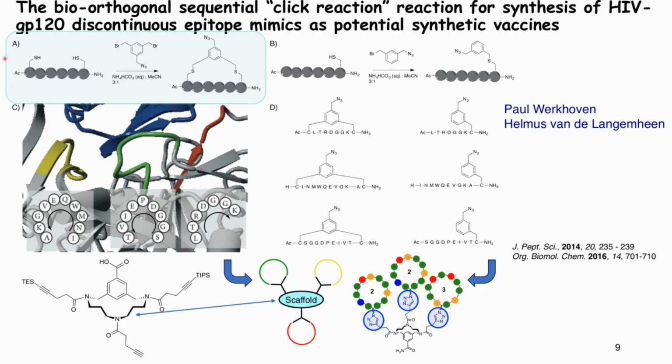So by making a cyclic peptide, carrying out an alkylation reaction, introducing an azide here, one obtains a cyclic peptide which can be clicked onto, in this case, a scaffold containing orthogonally protected alkyne moieties, which means that first you can introduce a cyclic peptide on this position, then on this position, and then on this position, enabling the possibility of making scaffolds with different cyclic peptides. So here you see the huge potential of the copper catalyzed click reaction.